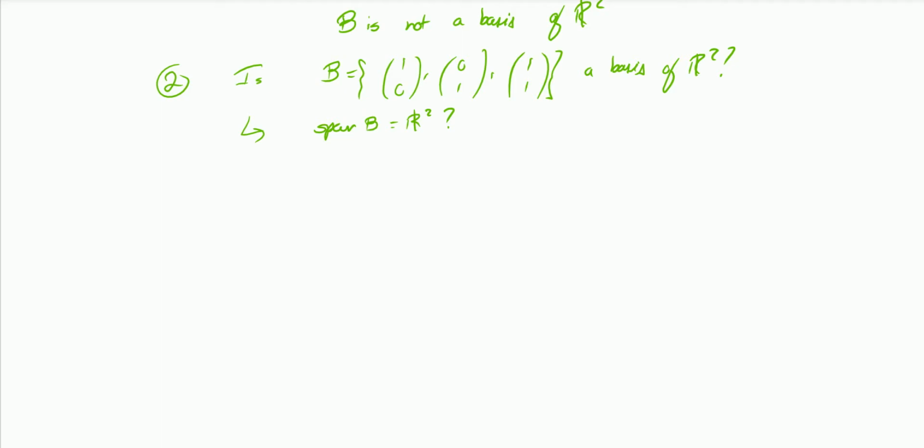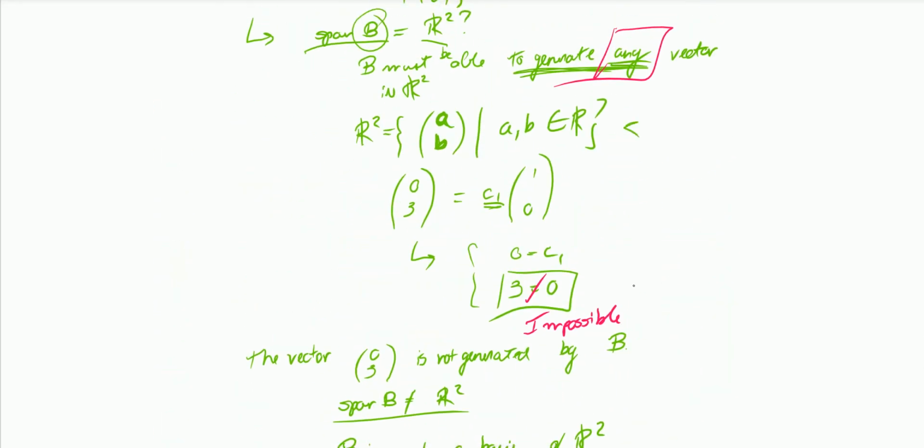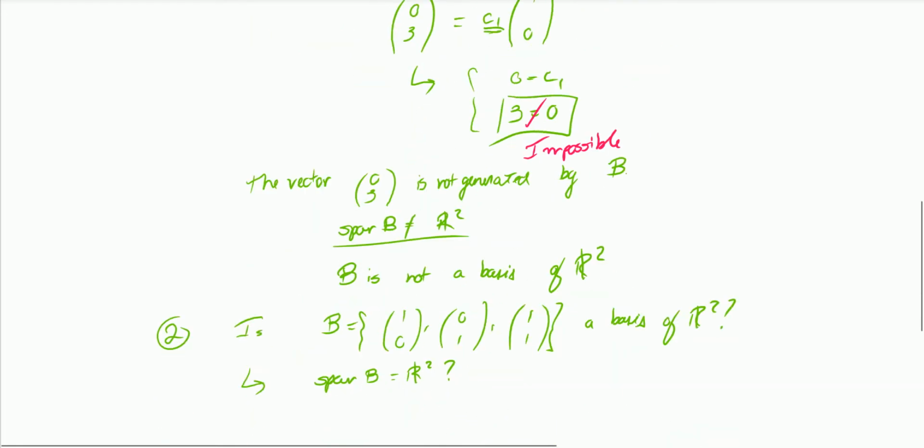Well, remember what I said right over here, that R2 is basically any vector that looks like this, where you have an a component that belongs to the real numbers and a b component that belongs to the real numbers.